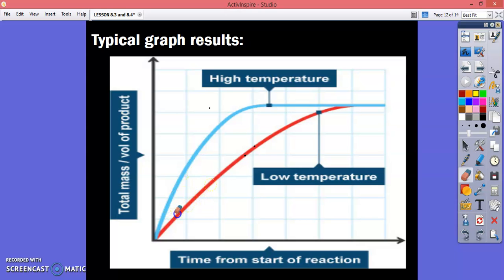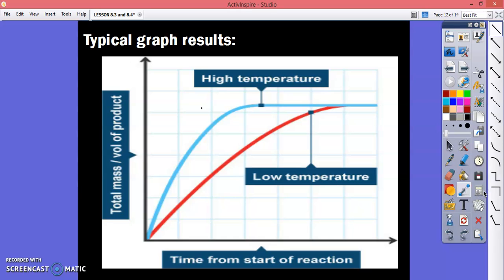Let's say you are given a graph like this, and you want to know which is steeper. We will use a ruler in making a line. Let's analyze first the blue line graph for the higher temperature. You make a straight line along the graph. This is one. And if you want to do another one, it would be like this. And the third one is here.